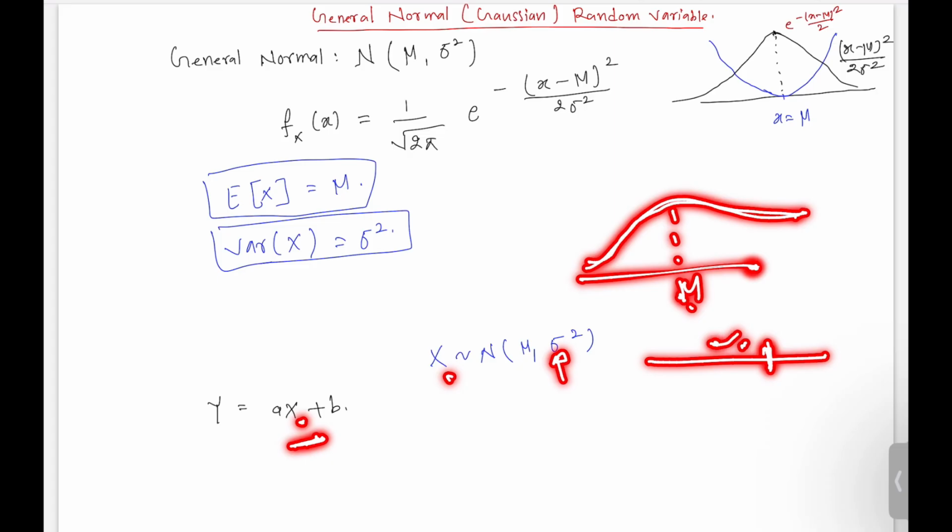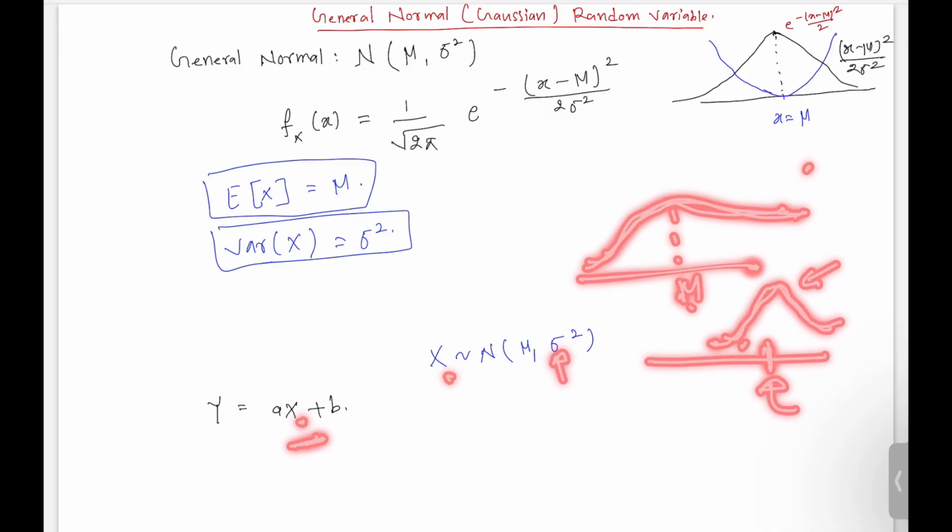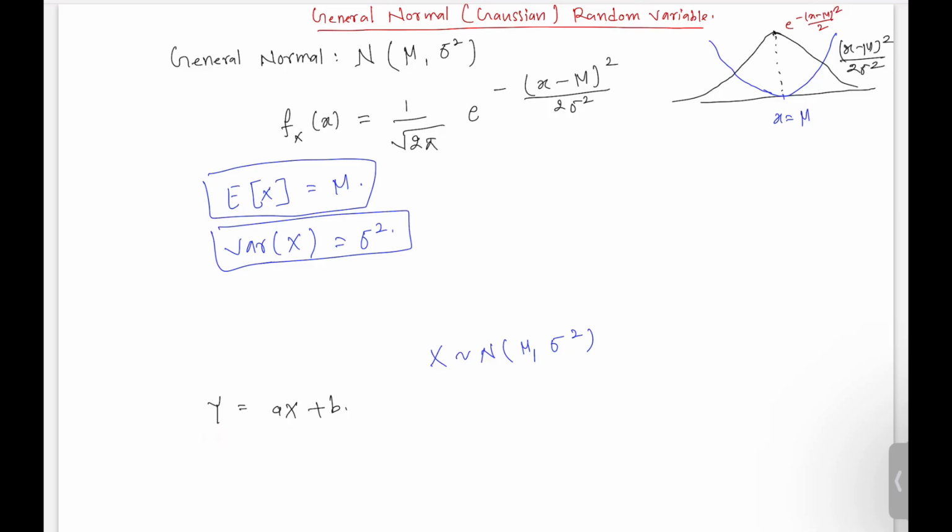Maybe after the linear operation, you will have the mean somewhere around here, and the curve will be narrower than the original. But the overall point is that again this will be a normally distributed distribution, right? So this Y, a linear function of a normal random variable, will also be normally distributed.